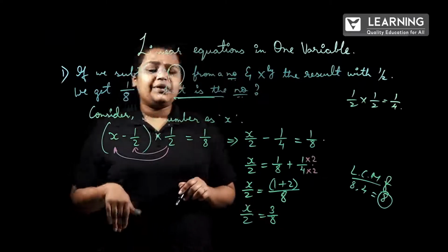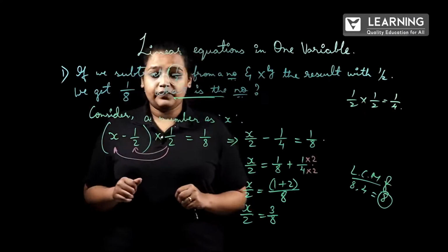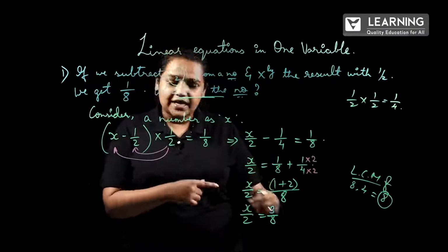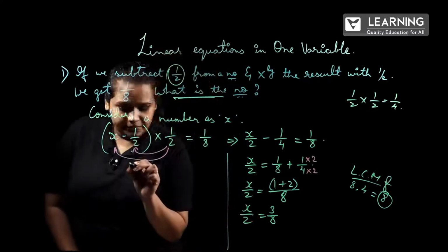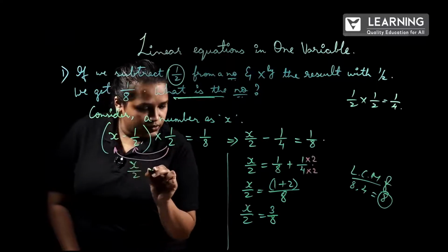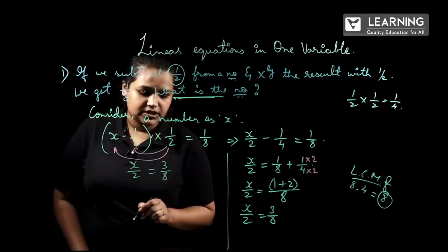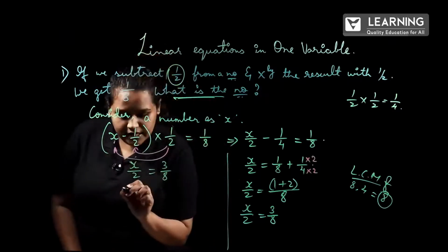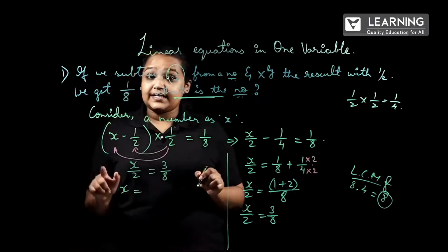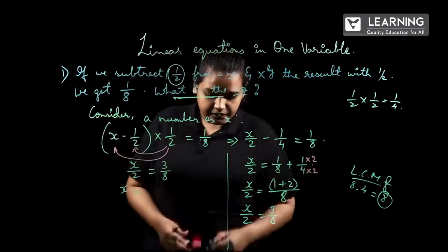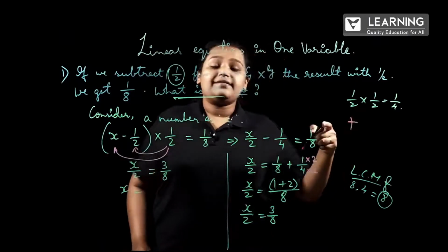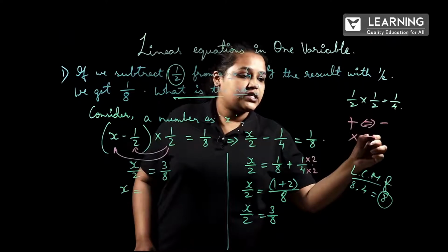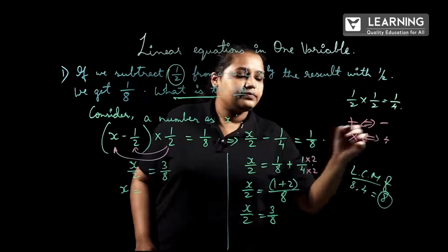Now, did we get the exact value of the number? The number is x, but here it is x by 2. We have to proceed further. Let me start here again. x by 2 is equal to 3 by 8. Now, shift the denominator 2 to the RHS. It will become x is equal to... as I said, we have to remember that when positive goes to the other side, it becomes negative, and multiplication becomes division.